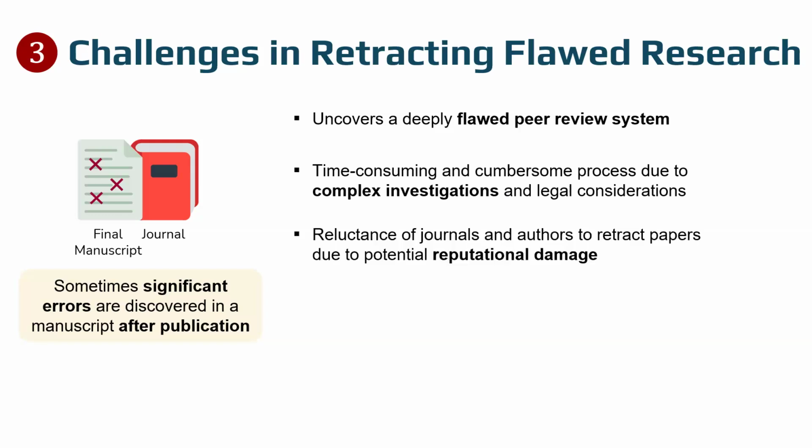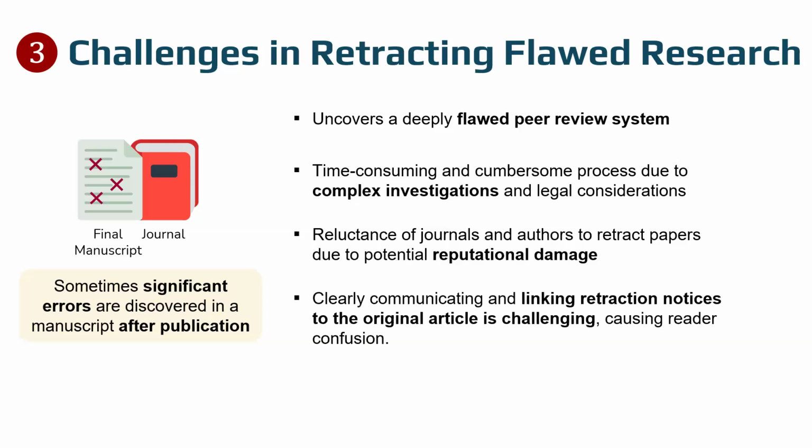And of course, the journals are reluctant to do that because it will damage their reputation. If more articles get retracted, this means you are not doing a good job at filtering bad science out of your journals. So journals will try to delay this as much as possible and make it very difficult so that they can retain their reputation.